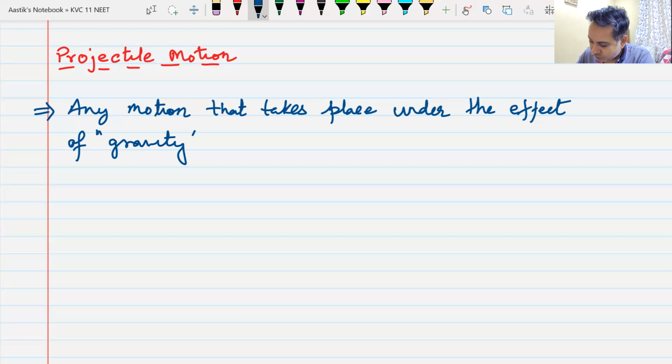Remember, the only force that must be acting should be gravity only. Do we understand this?